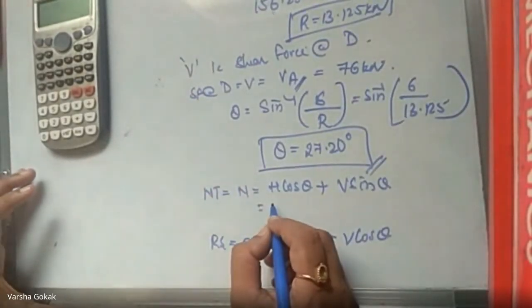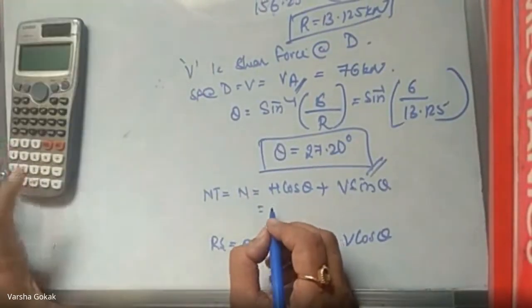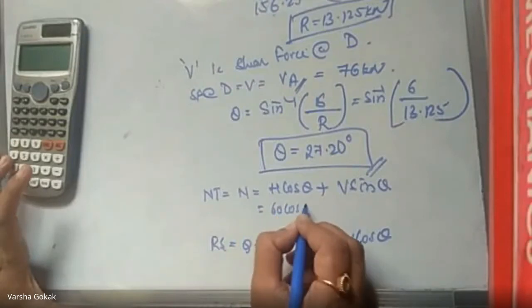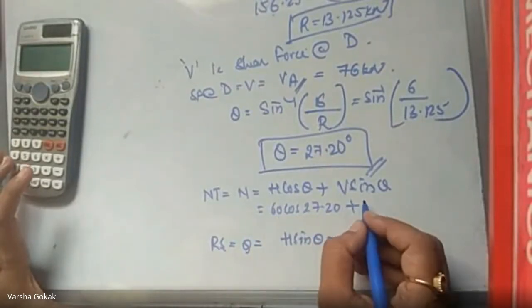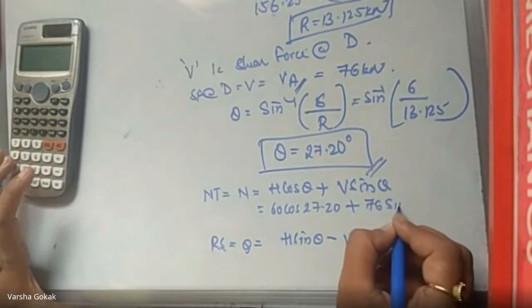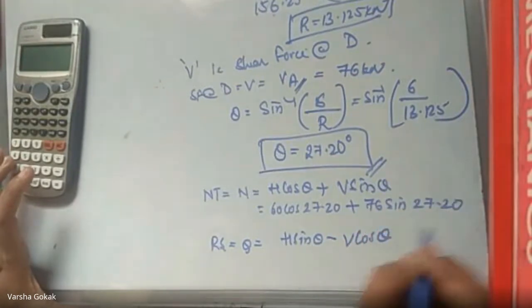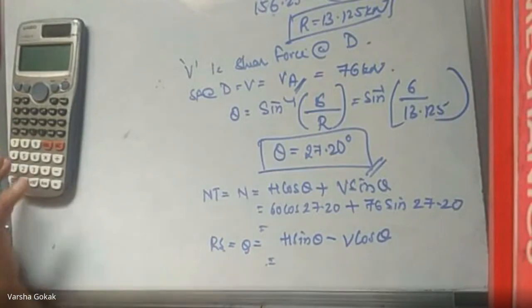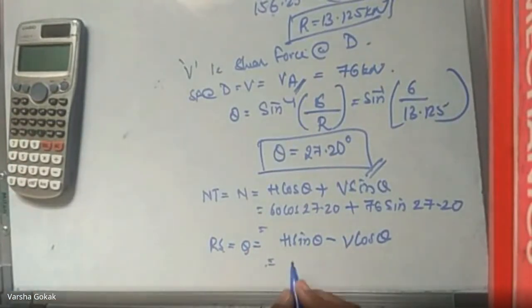Substitute. H value is going to remain the same, that is 60 cos of 27.20 plus V, which is VA only, 76 sine of 27.20. Similarly for this. Get me the values please.